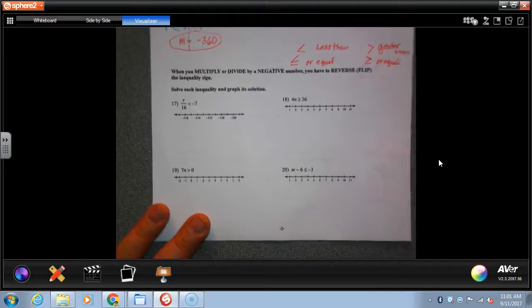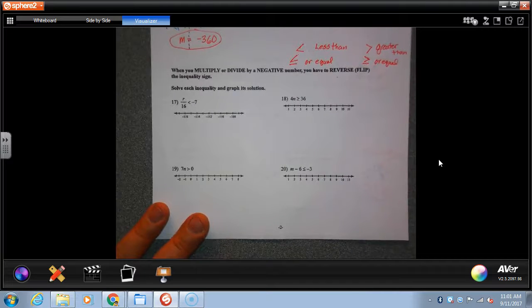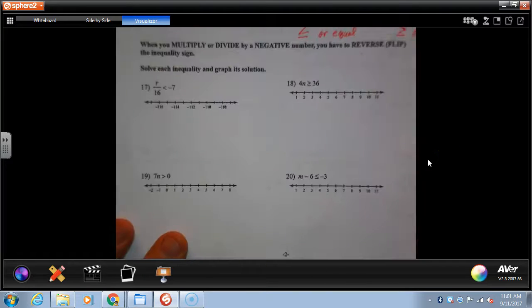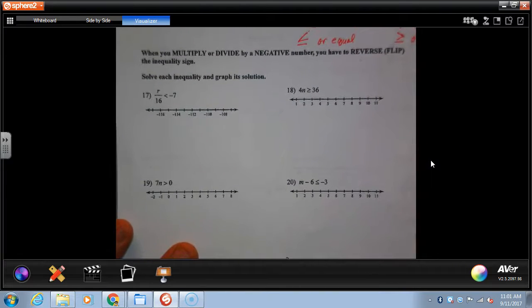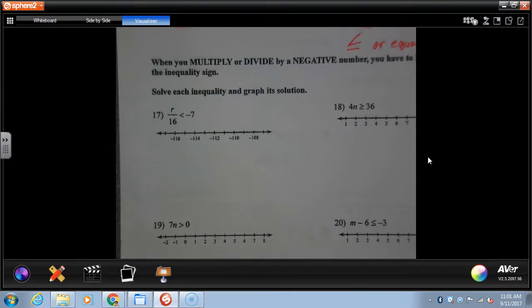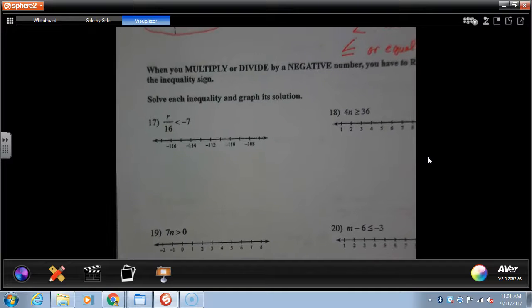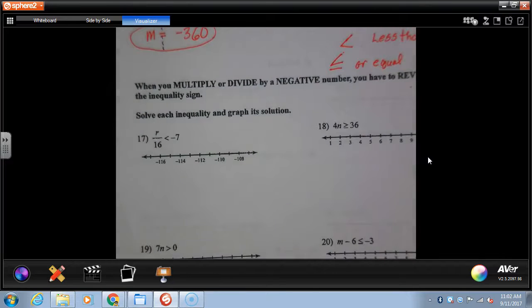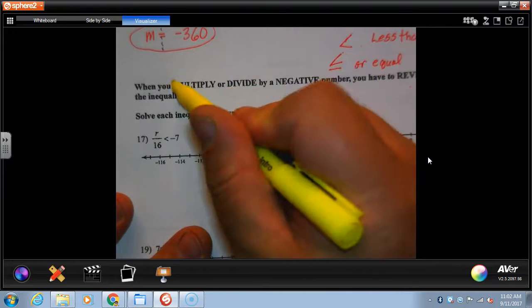With these, we like to graph them as well. These are called linear inequalities. And there's a couple of rules we have to remember. If we multiply or divide by a negative number, what happens?